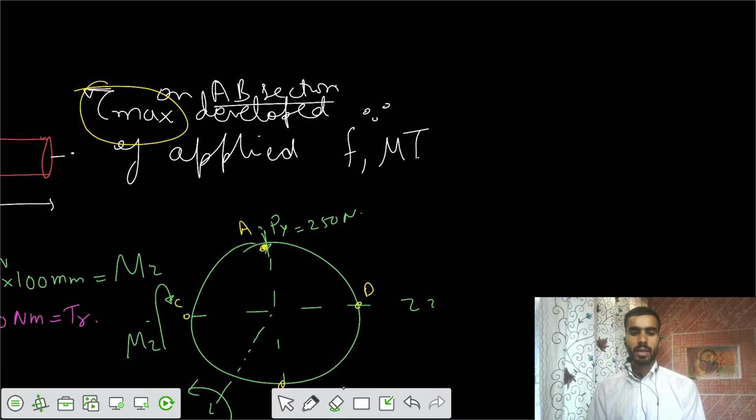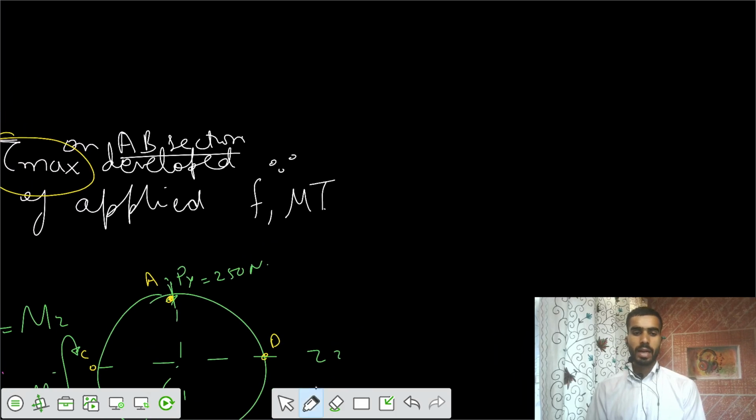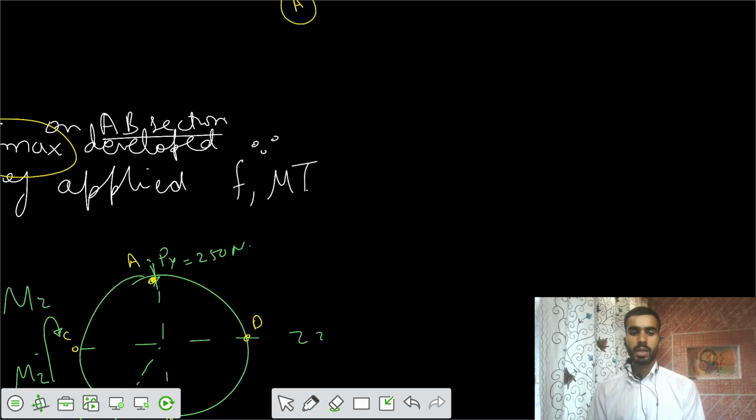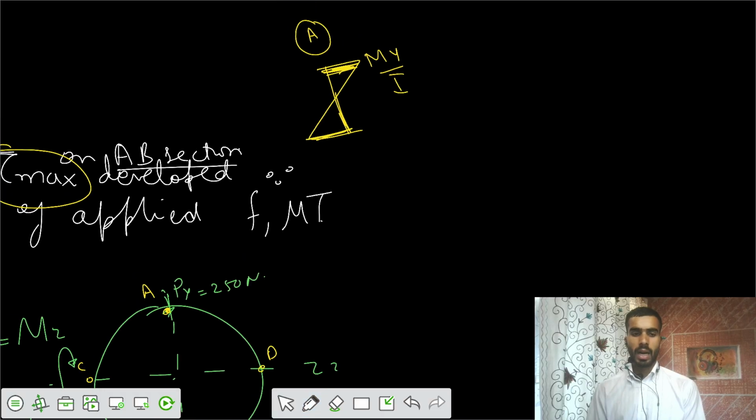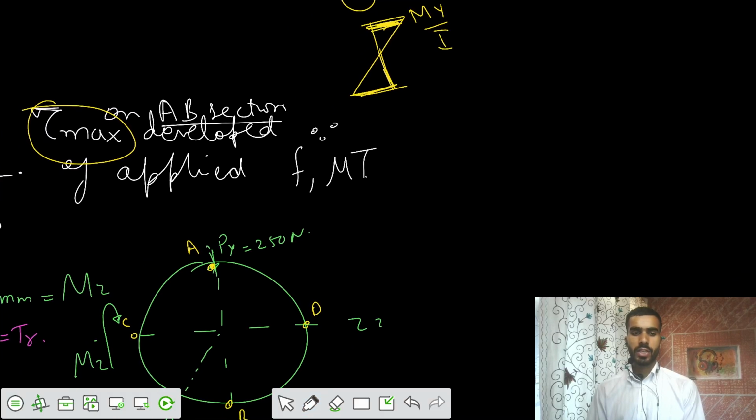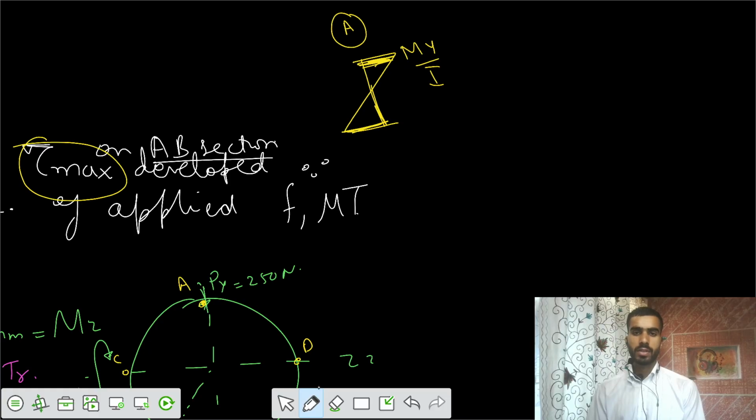One is that if you take tau at point A, let's take point A. You are applying bending moment, so there would be some bending stresses at the top and bottom. That's my M by I. And if you take the direct shear stress, that is 0 here.